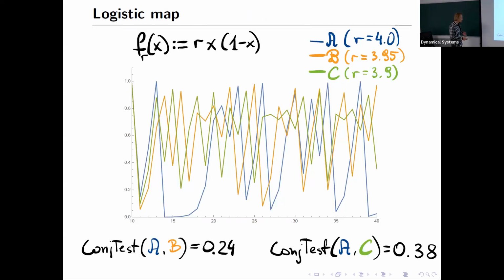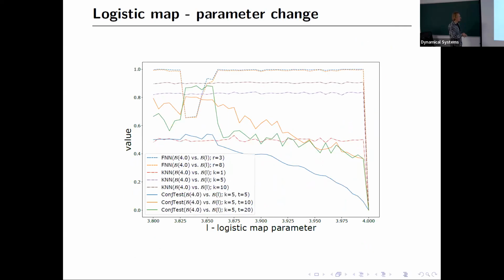Yes, and we compare slightly different systems, but I still use here this very naive identity map, H equal to identity. But the interesting thing is maybe we can focus just on the solid lines, which correspond to the conjugacy test.